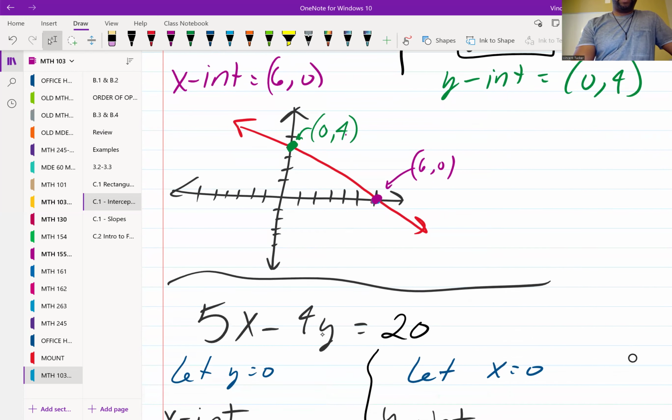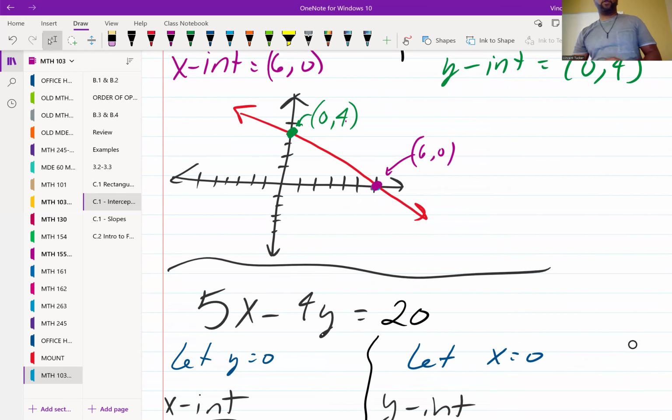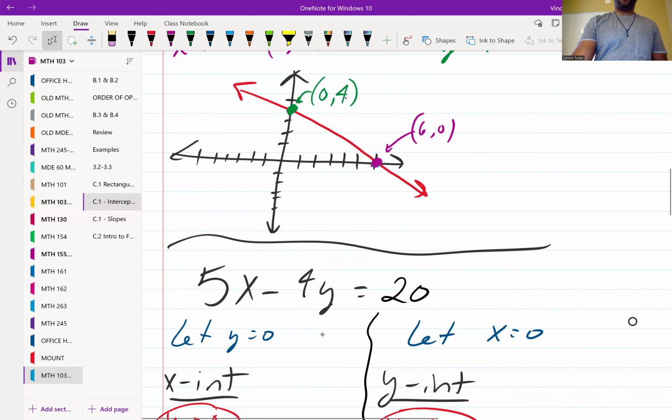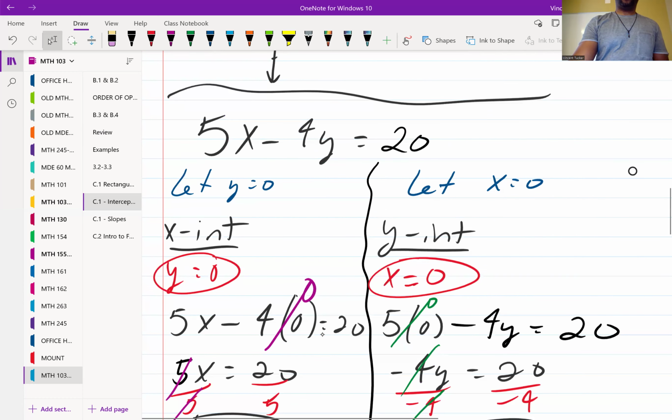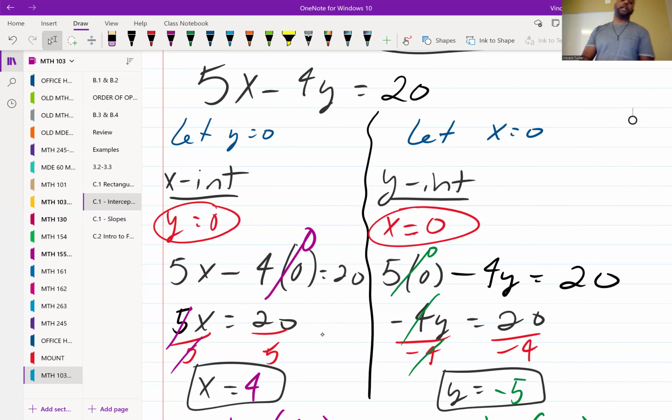Last one for today. We have 5x minus 4y equal to 20. I'm going to do the same thing: find our two intercepts. Once again, it doesn't matter which one you find first. Just remember that they are two separate points and you have to find them separately.